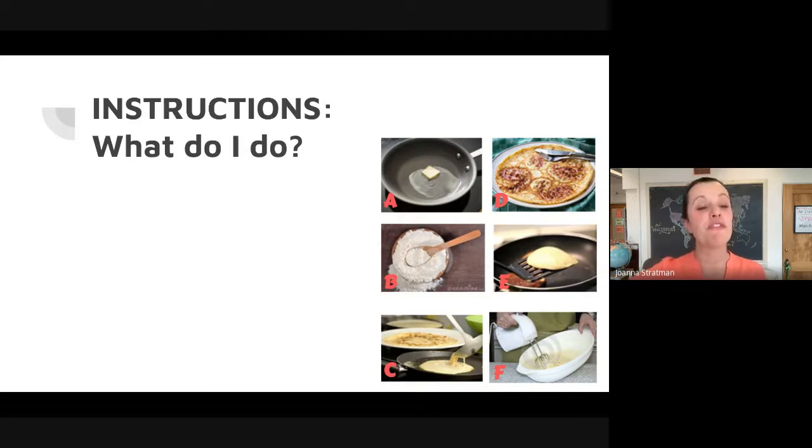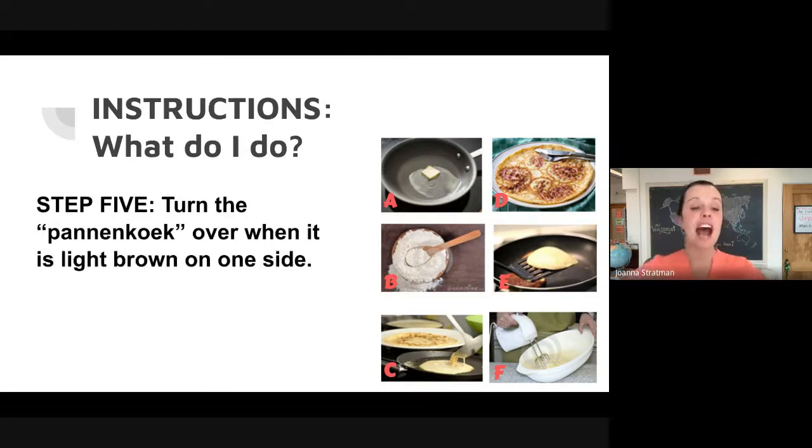Next, step 5. Step 5 says turn the pannenkoek over when it is light brown on one side. Remember, my friends, the word pannenkoek is Dutch, not English.